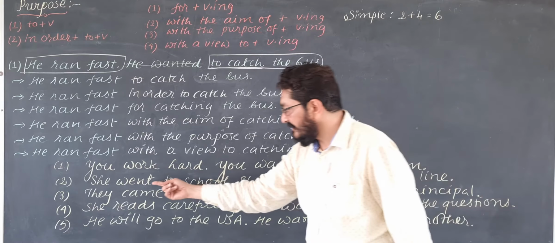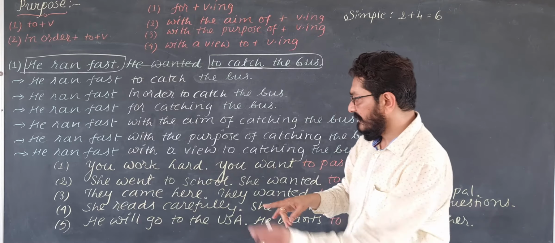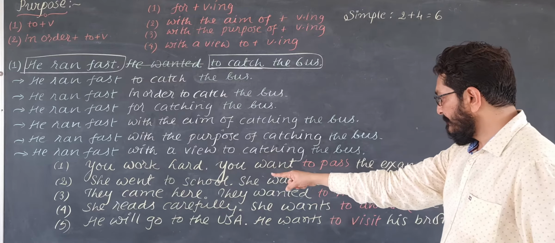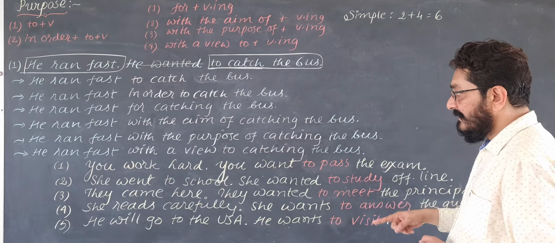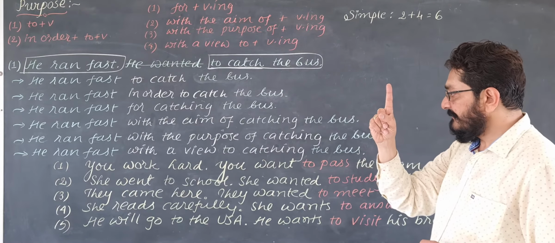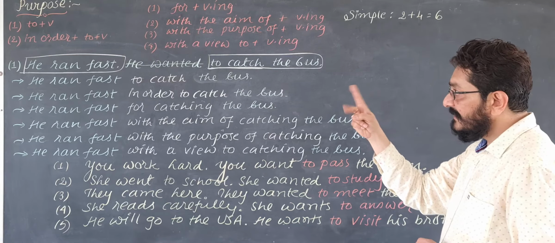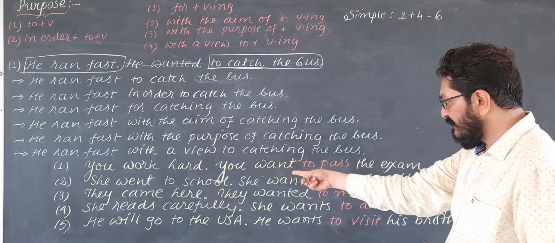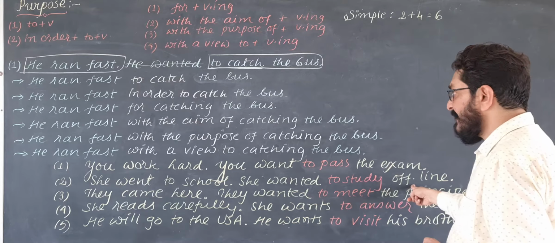Again, let's take the second sentence. You have to sing with me. She went to school. She wanted to study offline. First one, she went to school to study offline. In order, she went to school in order to study offline.